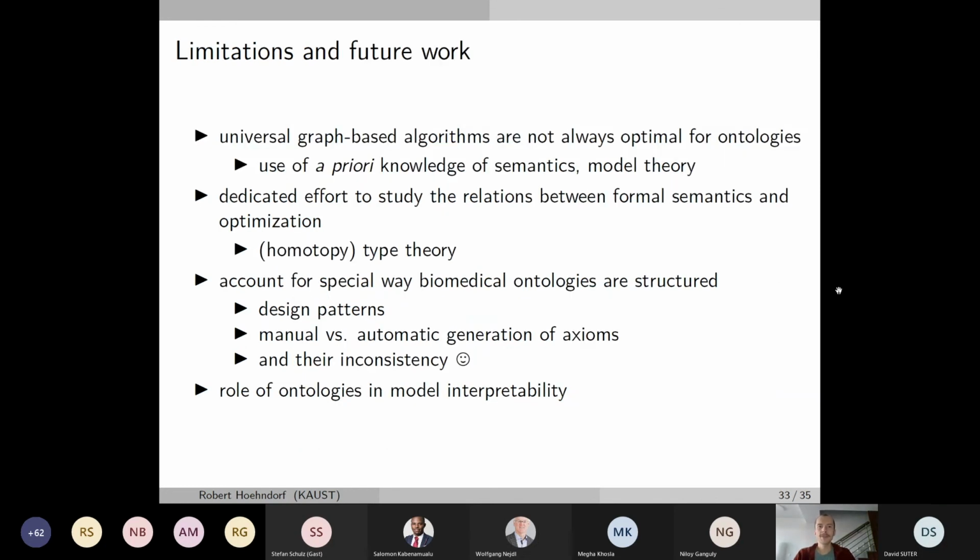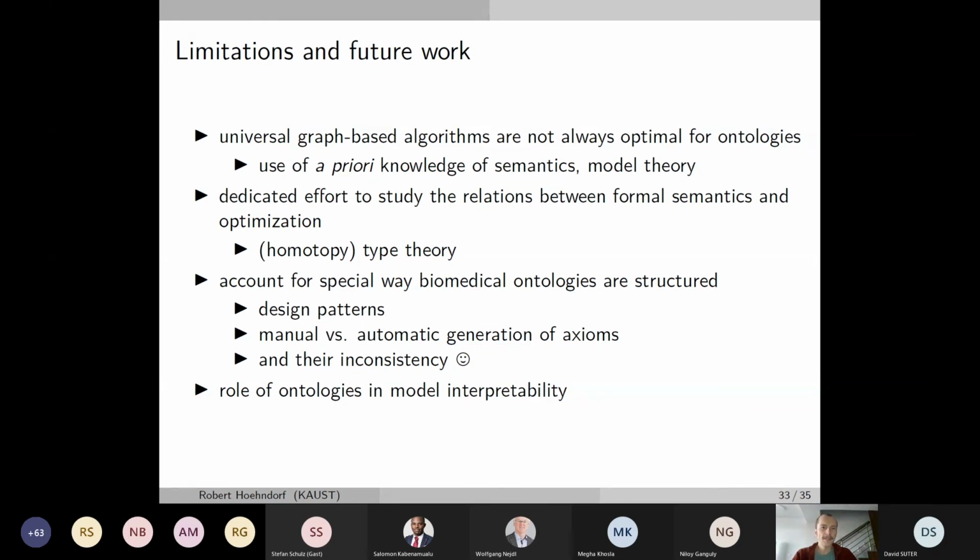It's not something that is without controversy, so this is all research, and these are all very active research areas. I have made a number of simplifications here. We use universal graph-based algorithms, but they are not always optimal for ontologies, because they don't rely on a priori knowledge of the semantics or the model theory.